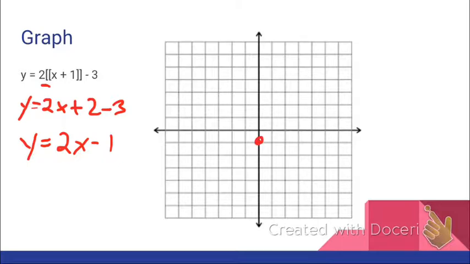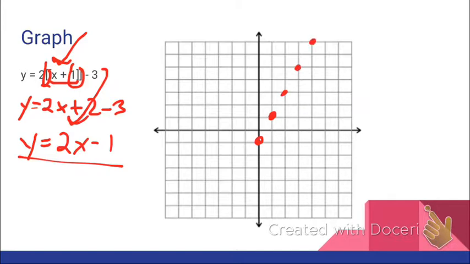So I'm going to just plot points as long as the x values are integers, because if I plug those x values into here, then if you add 1 to it, it would still be an integer, and then these brackets wouldn't do anything, thus yielding this equation right here. So I'm going to plot points on this graph. I'm going to start at the y-intercept of -1 and then use a slope of 2 over 1. So we go up 2 over 1, up 2 over 1, up 2 over 1.